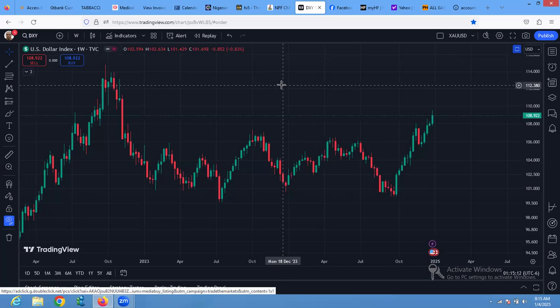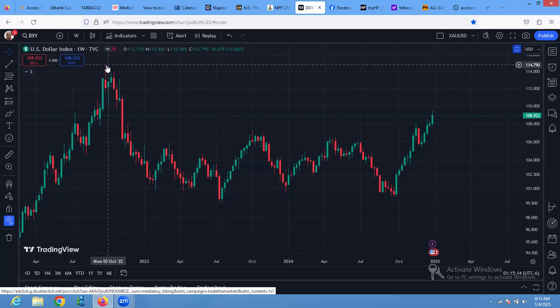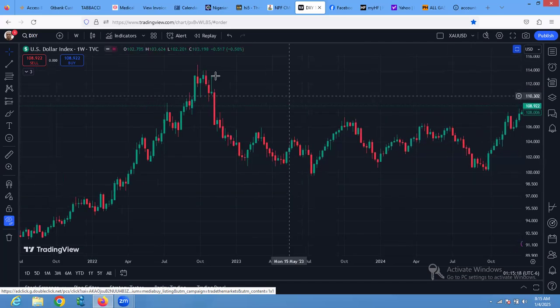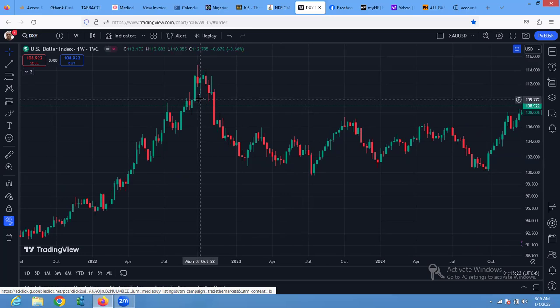Now, when you see this first bearish candle appearing here, it moves down to this point where we have this tail, creating a space from here down here, which will be an imbalance.